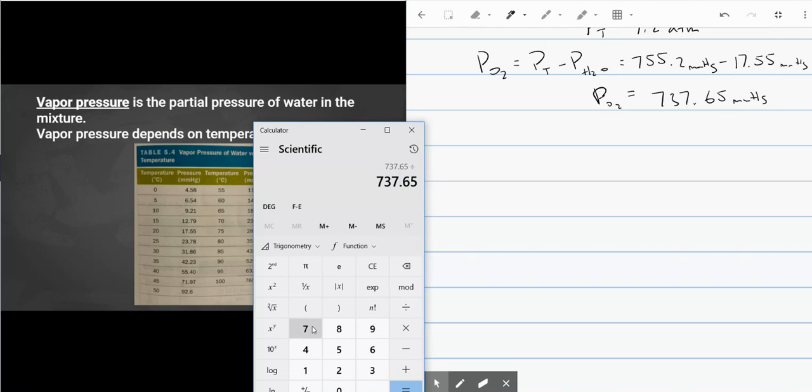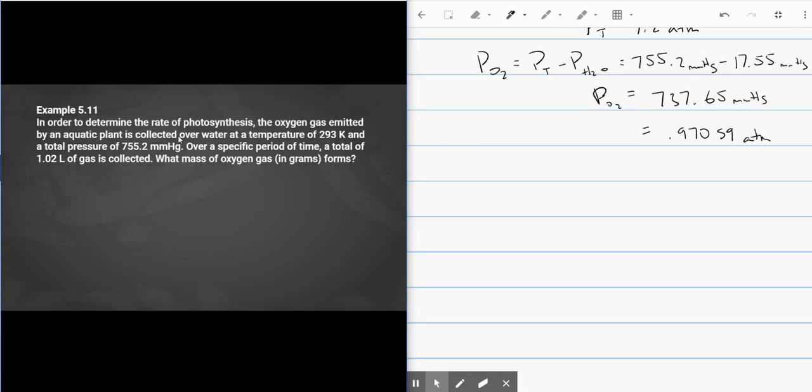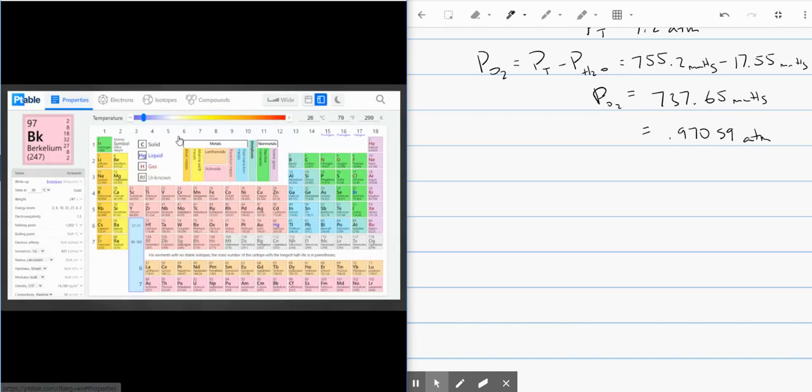Divide by 760, and we get 0.97059 atm as the pressure of our oxygen. So we had to subtract that water vapor, and that's why this was significant to this one.